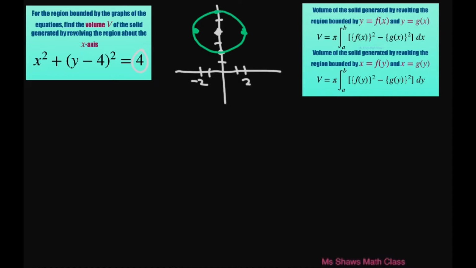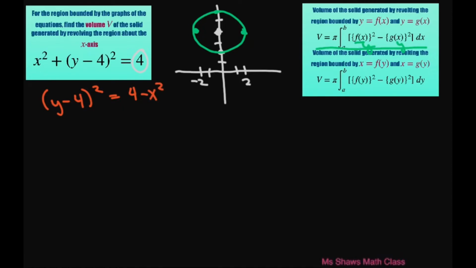Now we're going to use the formula for revolution about the x-axis given here, and we actually have two formulas. We need to find our y, because this f of x is your y. So we solve for y: (y minus 4) squared equals 4 minus x squared.